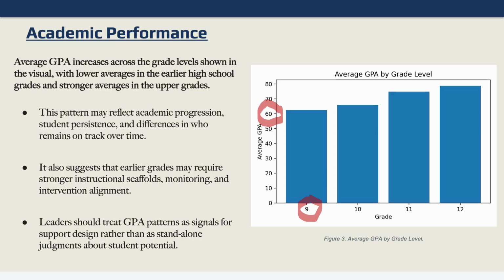And then as they progress, 10th grade, 11th, and then 12th, our GPA tends to increase and gets a little bit stronger. So our data here shows us that the earlier grades, ninth graders, may require stronger instructional interventions, progress monitoring. They will just need a lot more support when they are in the ninth grade.